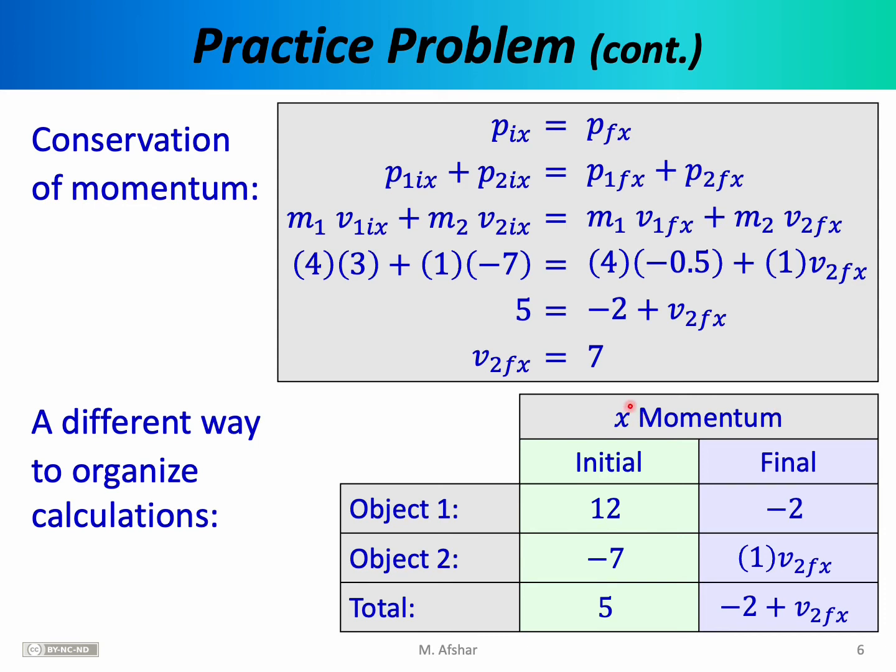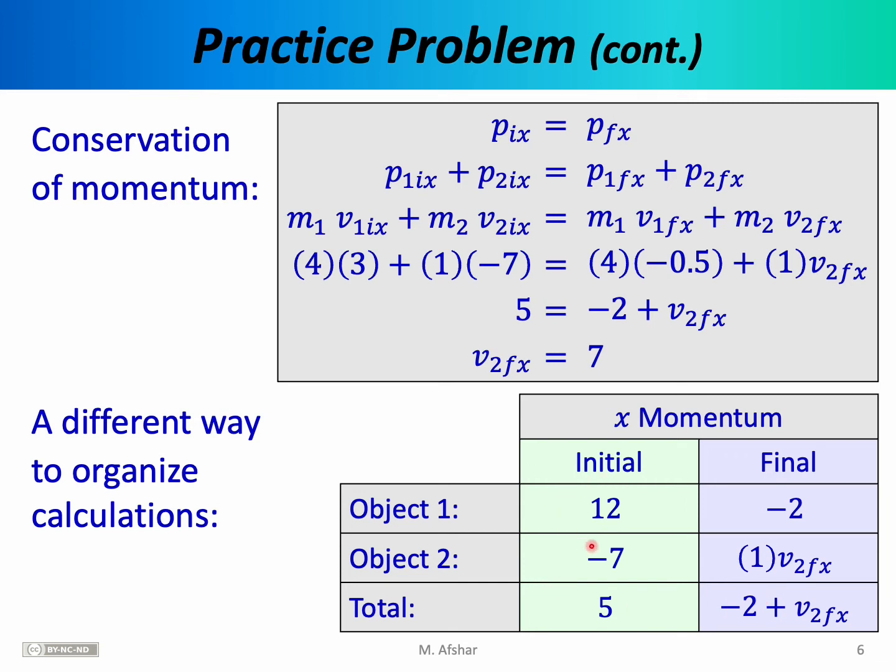We are talking about the X momentum. You could make a similar table for the Y momentum, although for this particular problem, there really isn't much happening in the Y direction. Notice my table has two columns, the initial column and the final column, so before the collision and after the collision. And then I have rows for what's happening to object 1, what's happening to object 2, and then the total of the system, so that would be object 1 and object 2.